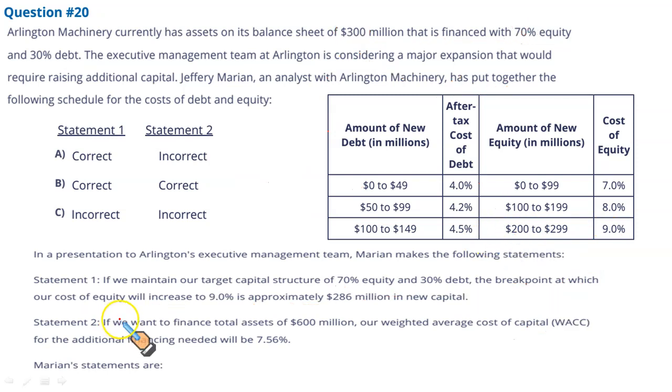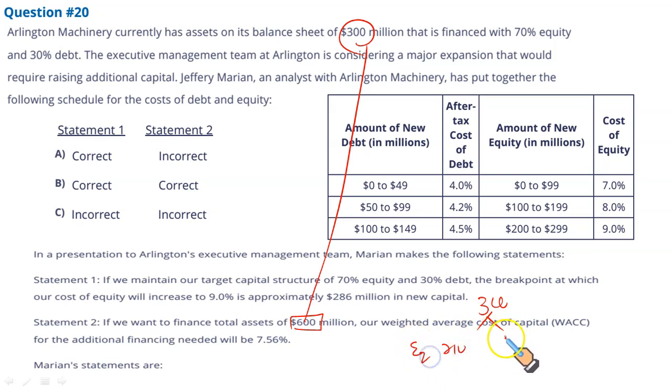Next, if we want to finance total assets of 600 million, out of which 300 million are already available, and as I said, we need 210 million from equity and the remaining 90 million will come from debt, our weighted average cost of capital for the additional financing need will be 7.56. Now, when you need 210 million of equity, this would be the relevant cost for equity.